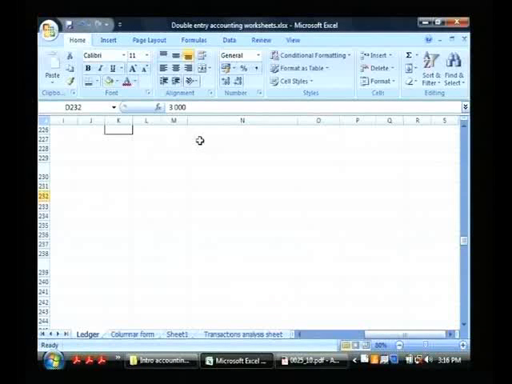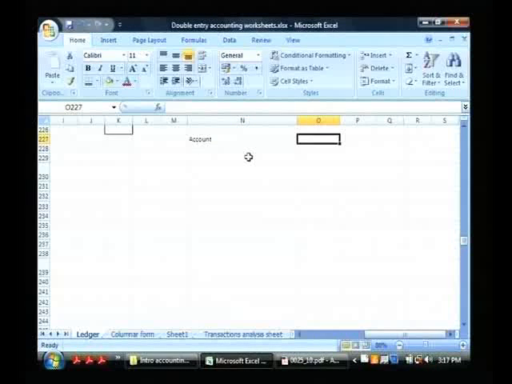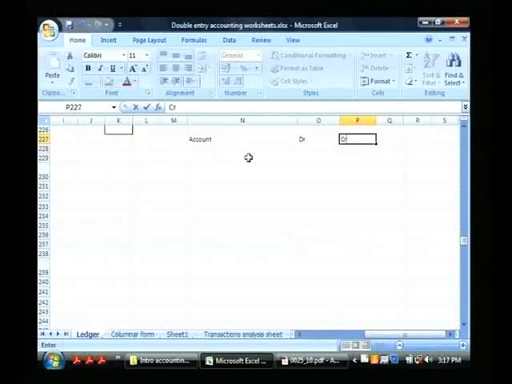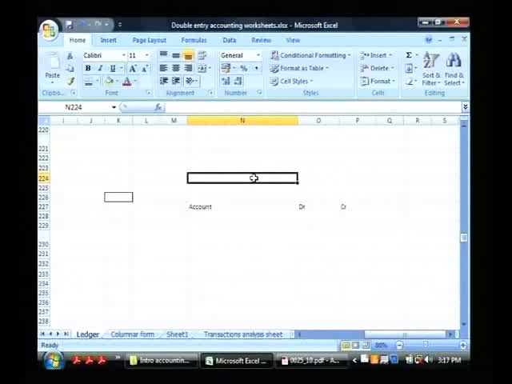Trial balance. Here the particulars or the account, debit and credit, and now we can write the title correctly. The name of the business is ILA.